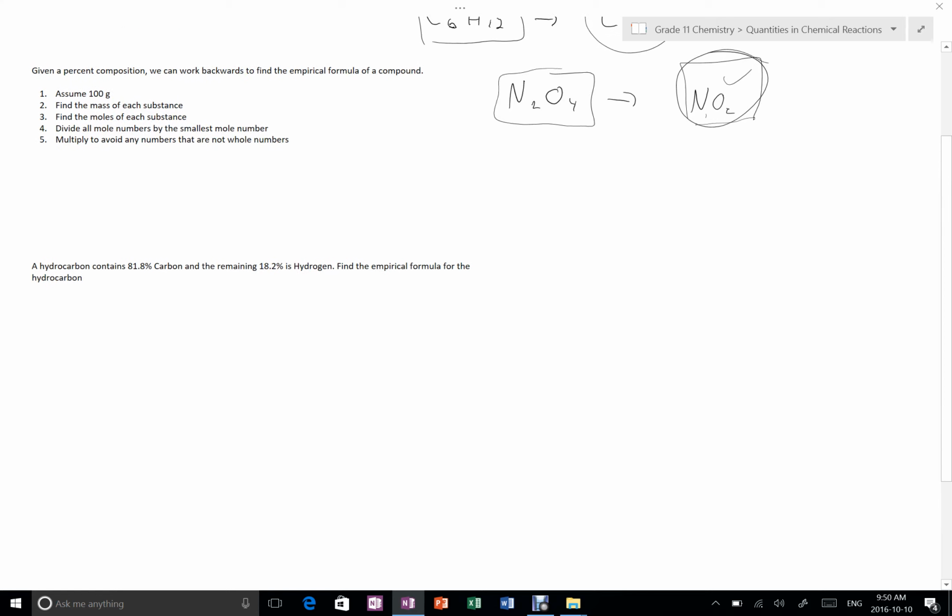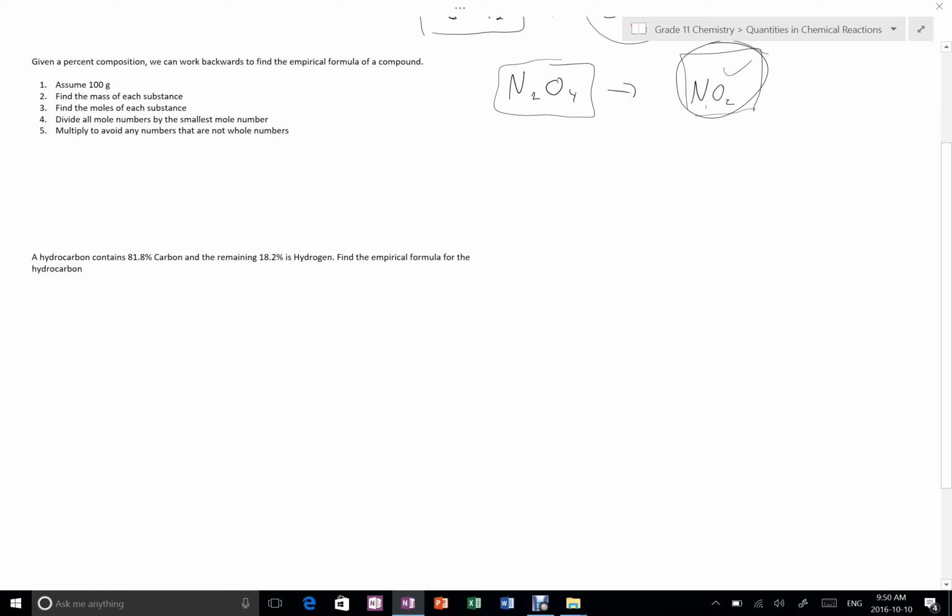What we're going to do is convert our percent compositions into mass, and we're going to assume 100 grams. That'll allow us to change the percentages to masses. So, for example, in this first example, we have 81.8% carbon. If we assume 100 grams, then instead of 81.8%, that's 81.8 grams of carbon.